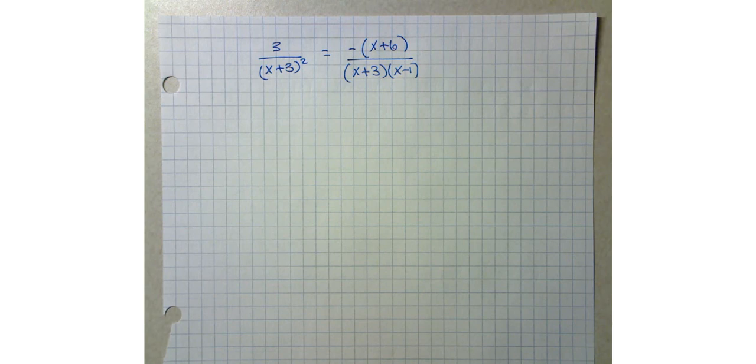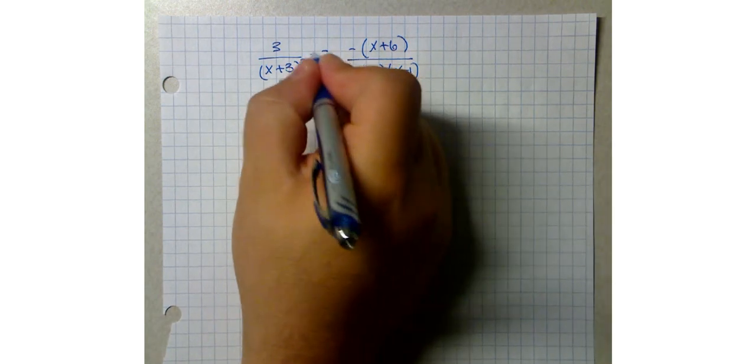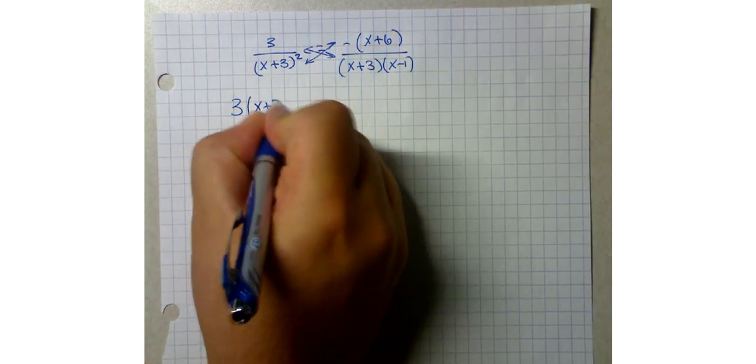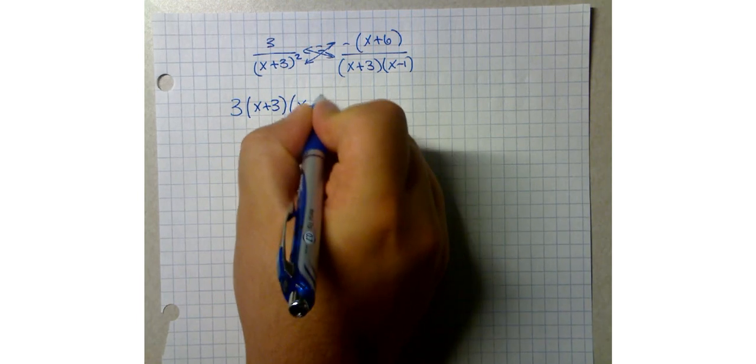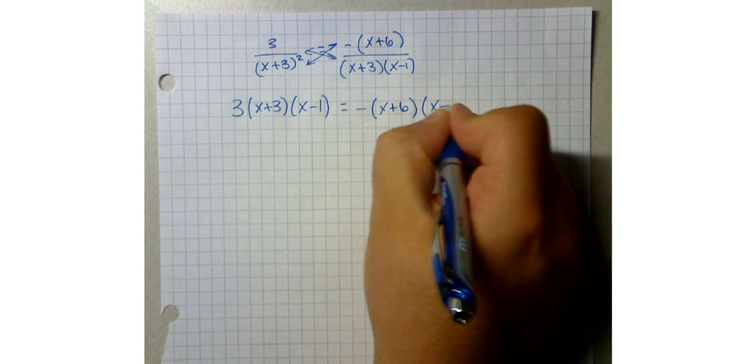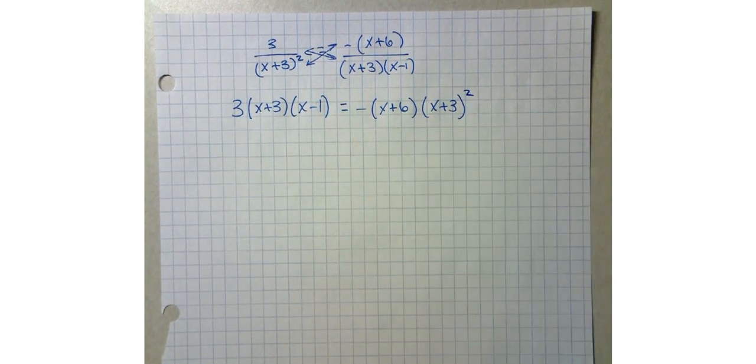So the next step here, we're going to do the cross multiplication. What's going to be left is 3 times (x plus 3) times (x minus 1), which is going to be equal to negative (x plus 6) times (x plus 3) squared.